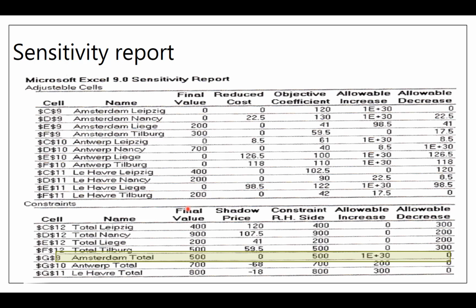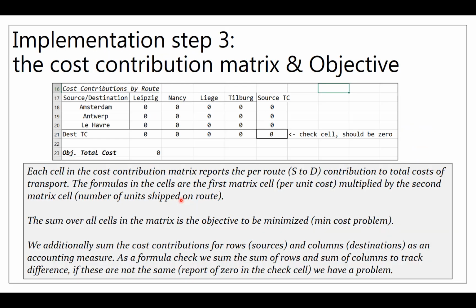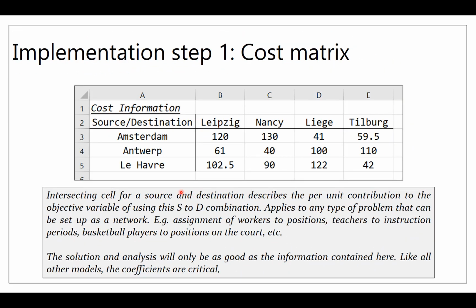The way this problem works is you have the entire matrix here to choose from. Let's say this one, Antwerp to Nancy, is the first thing that gets chosen, if you were just ranking these out and picking.